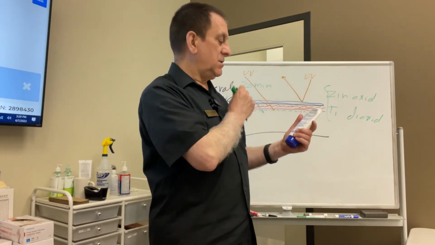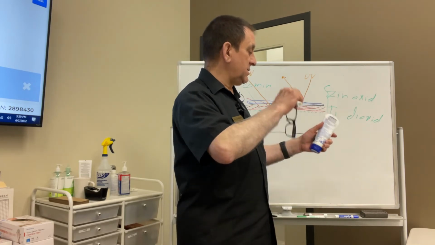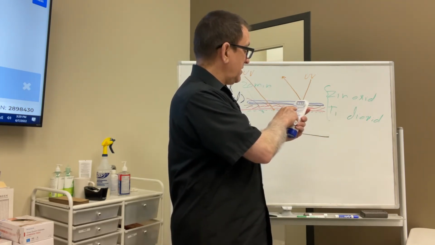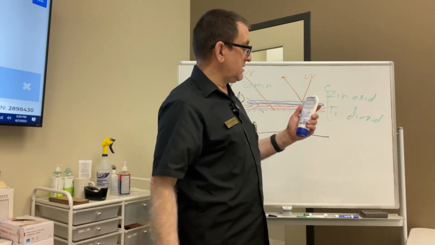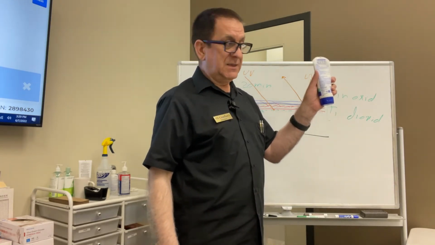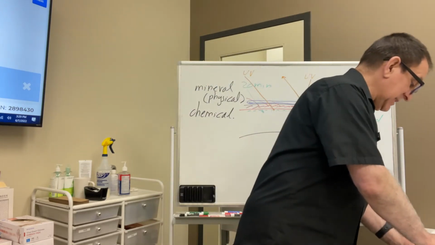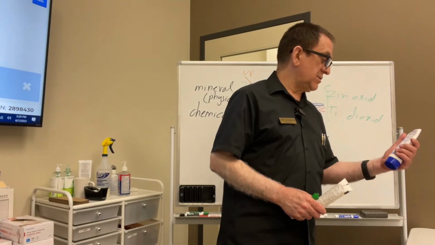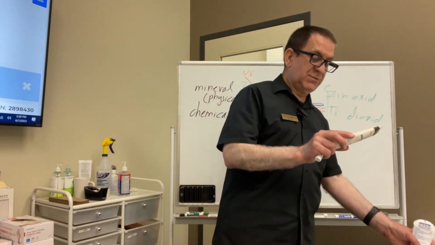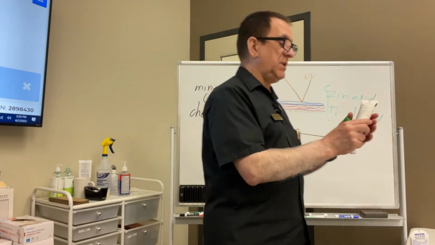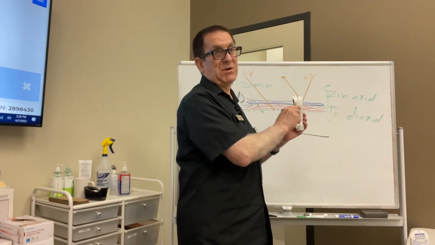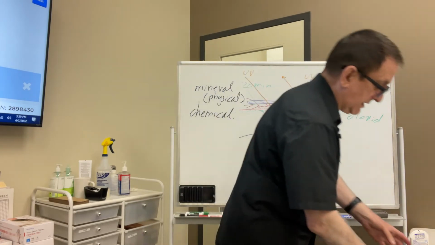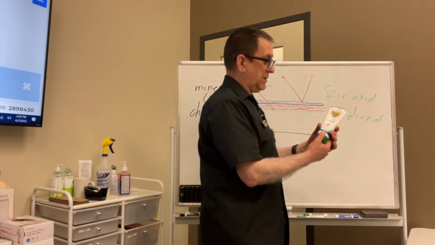If you look at the ingredients of this sunscreen that I have, it says mineral sunscreen. It says titanium dioxide 4.5% and zinc oxide 6.5%. That one is a physical or mineral sunscreen. And this one is a combination of different chemicals, so this is a chemical sunscreen. This one is a physical or mineral sunscreen.